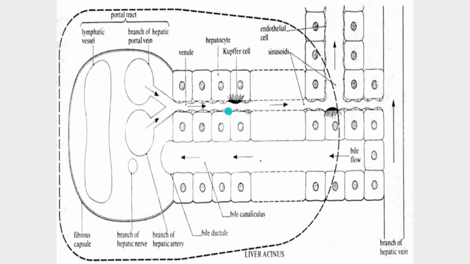The other side is the vein. So when you see these two structures here, you will know one is the portal vein and one is the other vein. So in labeling you can simply label it like this.